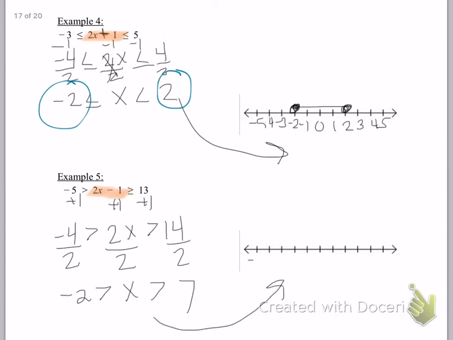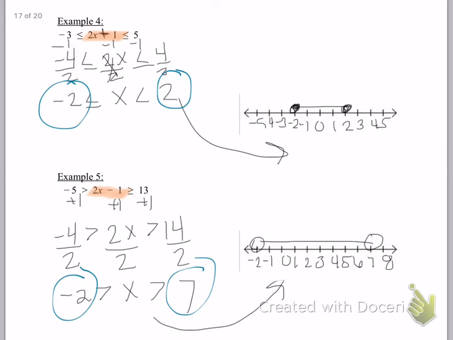So let's go -2, -3, or not -3, excuse me, -1. So -1, 0, 1, 2, 3, 4, 5, 6, 7, 8. So our first part will be at -2. And then our second one will be at 7. Connect the dots and you are finished.